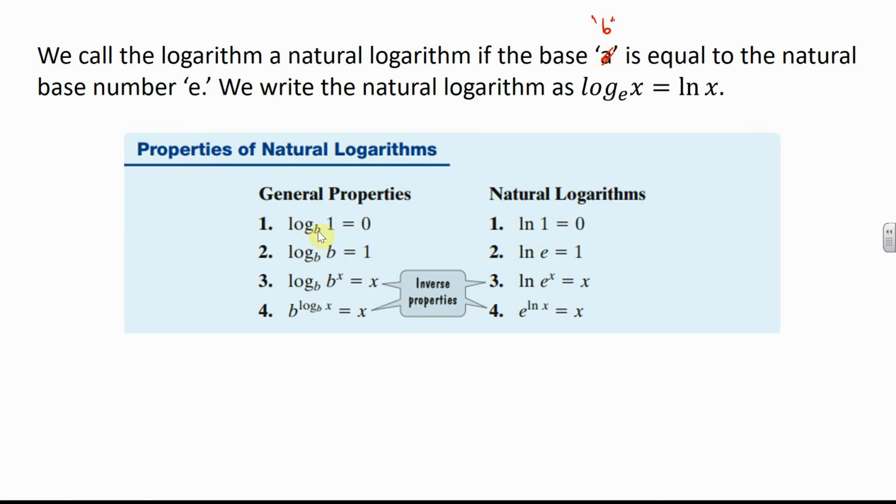If we change this base from b to e, which is an actual number, that natural number, then we say that the log becomes the natural log. So the natural log is the same thing as a logarithm, just with base e. And we call it ln x, or natural log of x. All the properties for the natural log are the same as the properties for the regular log. So all those properties are still the same.